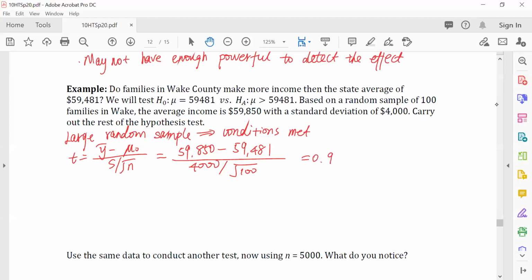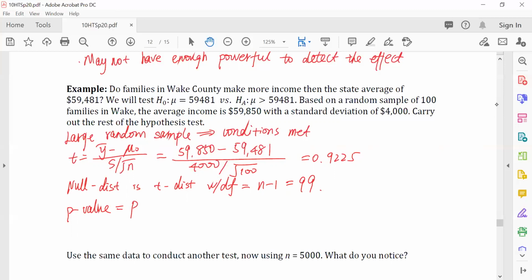So this is our test statistic. The null distribution is a t-distribution with degrees of freedom equal to n minus 1, which is 99. So the p-value will be calculated under H-naught in the direction of HA.